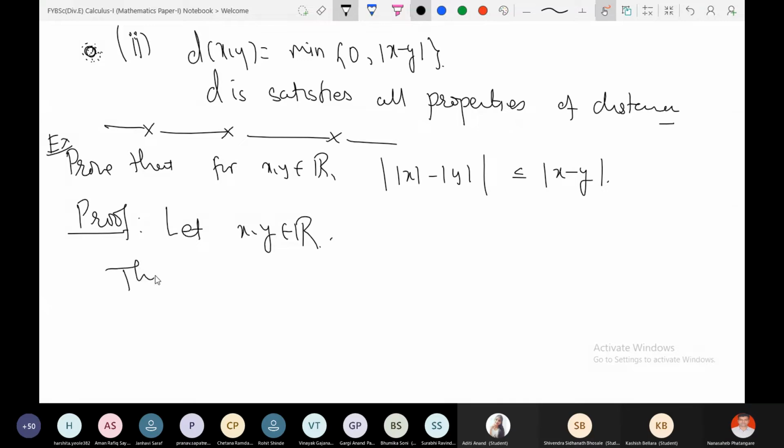Then x minus y plus y. What I am doing is adding y and subtracting y. I have just selected arbitrary numbers, right? Remember that key. What logic, what philosophy I am using: I am not choosing particular numbers. I am just closing my eyes, putting my hand in the real numbers, and selecting two numbers, whatever I get, and working with those numbers only. Remember this.